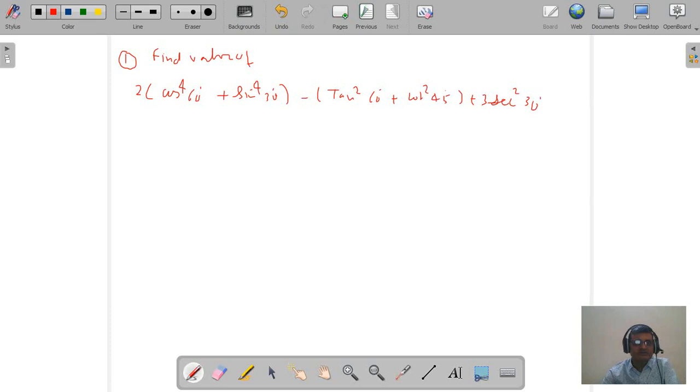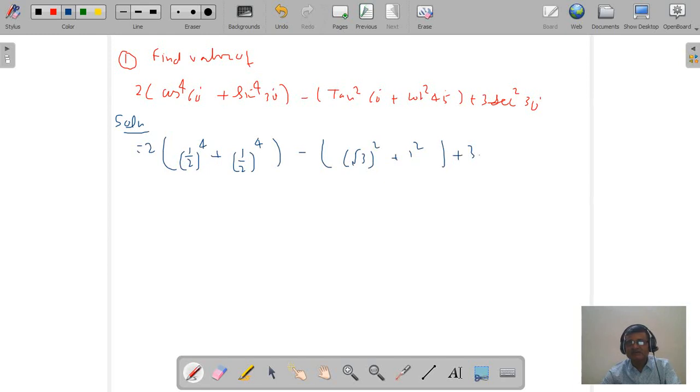Now you see the solution. As per the table, cos 60 degree is 1 by 2 to the power 4. Sine 30 degree is also 1 by 2 to the power 4, minus tan square 60 which is root 3 to the power 2, cot 45 is 1 square, plus thrice sec 30, which is 2 by root 3 whole square.